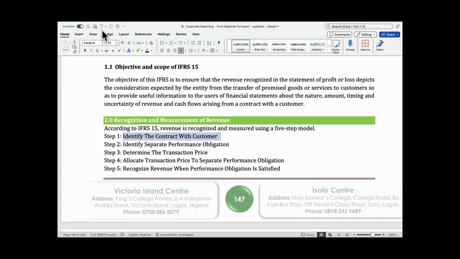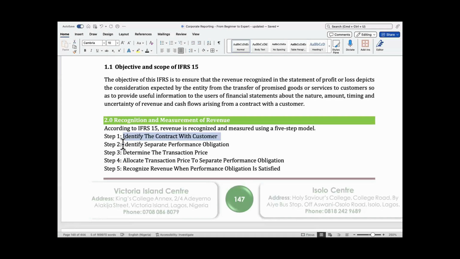You cannot put the money you receive as revenue. Instead of crediting revenue with that money that you have collected, you instead credit a contract liability. We're going to emphasize a little more on that today.